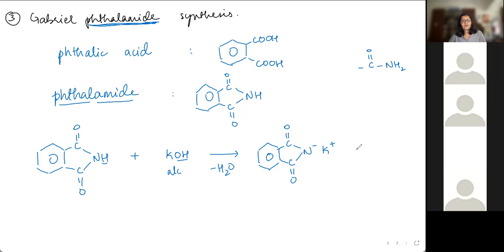Now this, on treating with an alkyl halide, you lose a salt like potassium halide salt, and the alkyl group gets substituted onto this nitrogen.